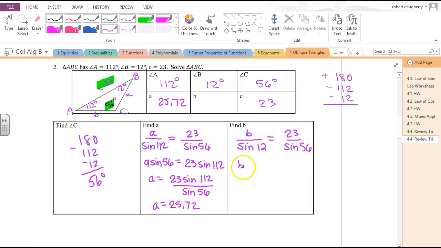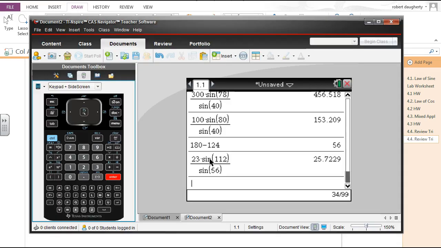So that's going to give me B times the sine of 56 equal 23 times the sine of 12. And so B is equal to 23 sine 12 over sine 56.